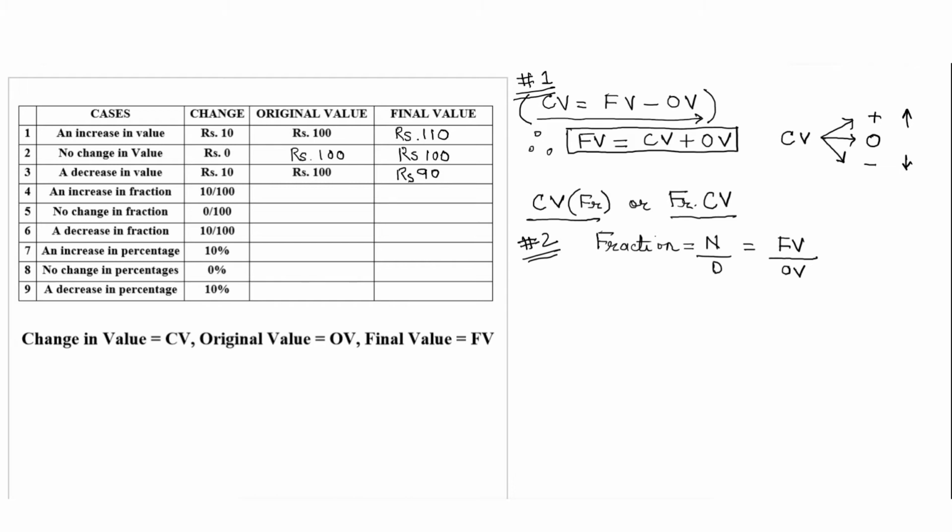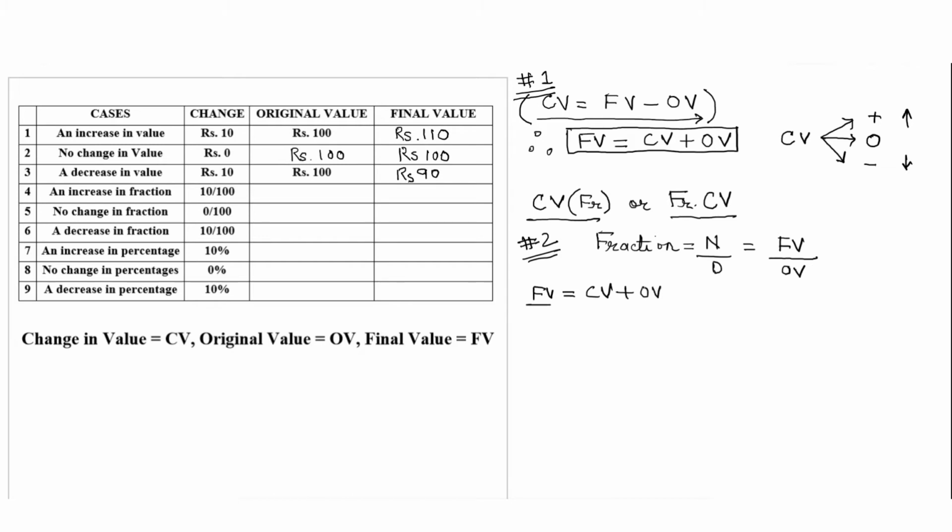Okay, so now let us see in the first case, how can we convert this first into FV upon OV. So let me write it down. We know that FV is equal to CV plus OV.